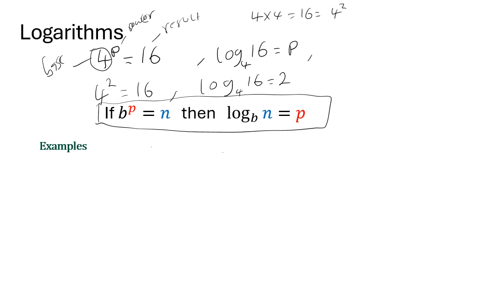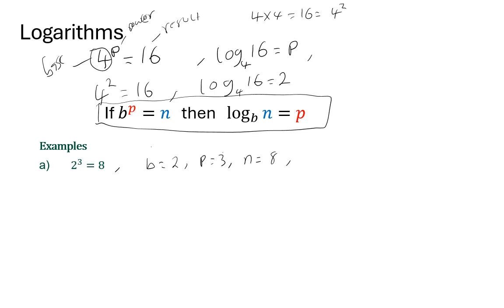So let's do some examples and try to find the base. The first one is 2 to the power 3 equal to 8. Let's convert this into the log form. For this one, we know that our base is 2, our power p is 3, and our result n is 8.